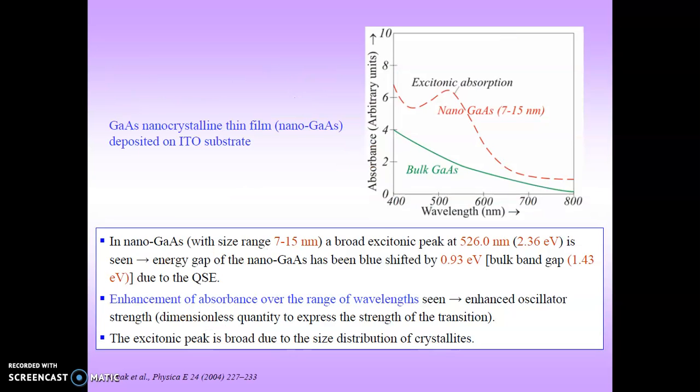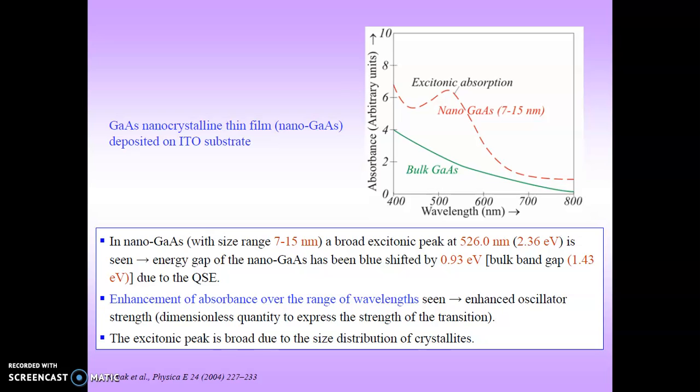Then gallium arsenide nanocrystalline thin film deposited on the ITO substrate. Here you can see the bulk gallium arsenide. As you decrease the wavelength, the absorption will be increasing. When you increase the wavelength, the absorption will be decreasing.